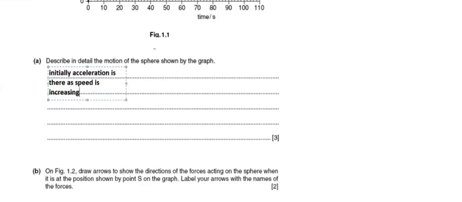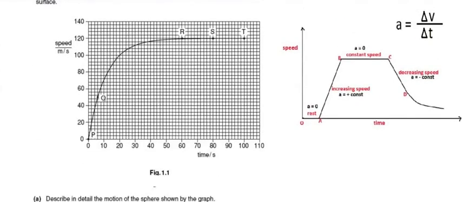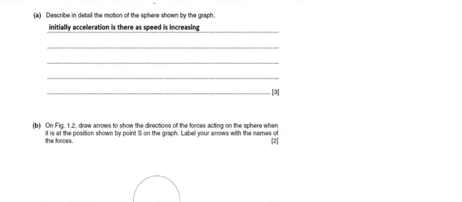Okay, initially there is acceleration because speed is increasing. Here we are talking about P to Q. Then here we can say the acceleration is getting less. That could be our second point.